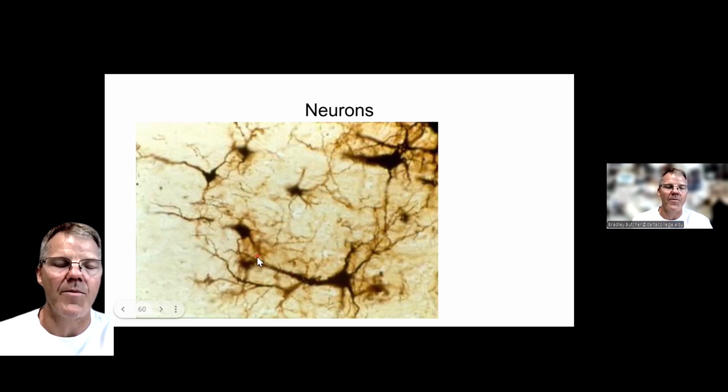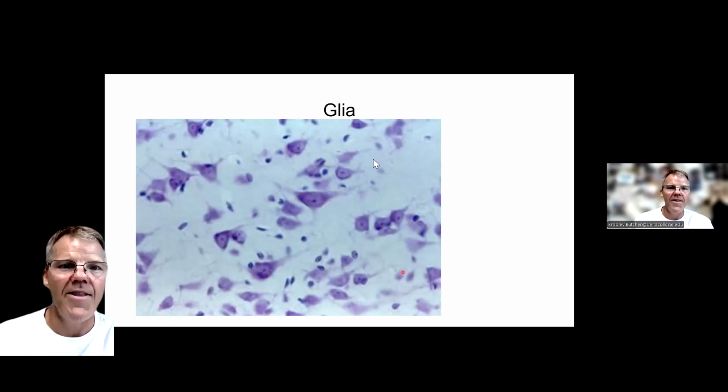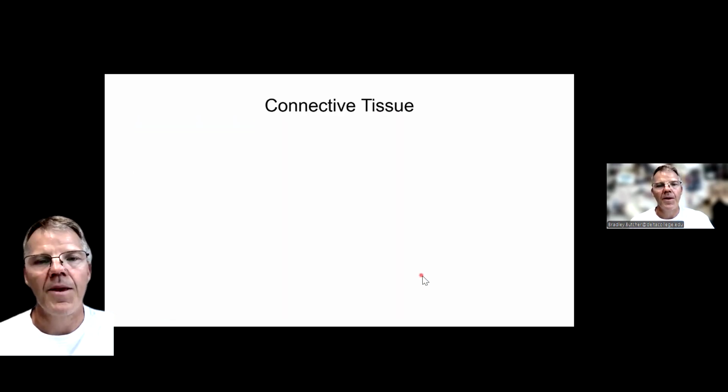That signal would then get communicated to another cell, to another neuron, and so on and so forth. And so we can connect and send signals very rapidly through our bodies. And then these are glial cells. Again, you've got some neurons here, and then you've got cells in between that are supporting that.